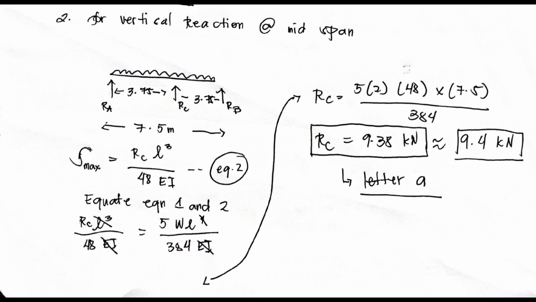EI cancels, and then we can calculate RC equals 5 times 2 times 48 times 7.5 over 384. So our RC is 9.38 kN, but the choice is 9.4, so we round it off. Our answer is letter A.